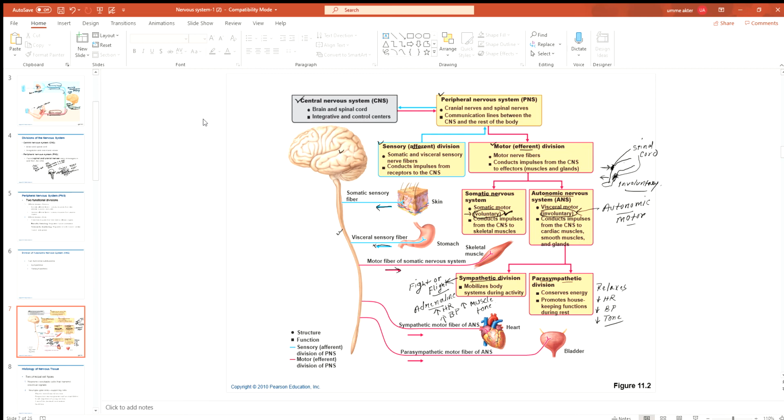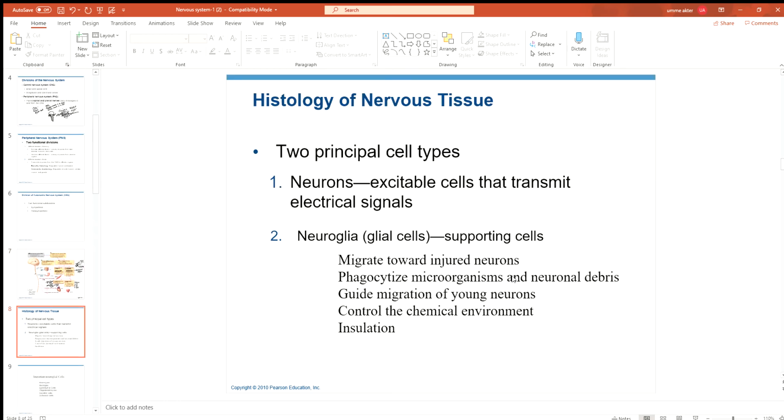Motor could be somatic motor and autonomic motor, and autonomic could be sympathetic and parasympathetic.